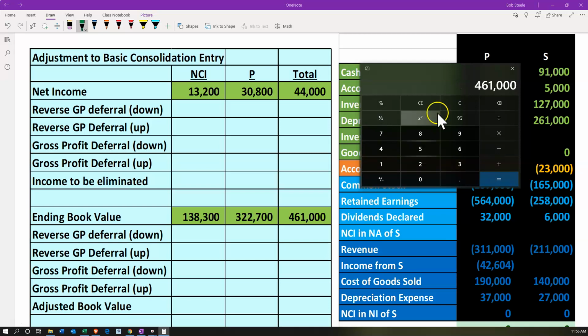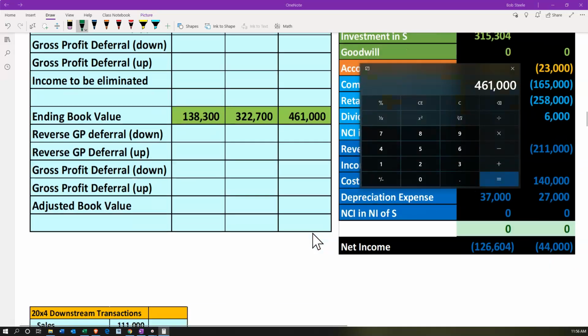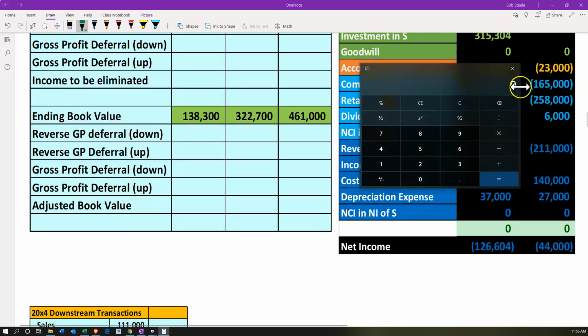That would give us the 461. That's our starting point, which also, of course, equals equity, which we can calculate down here, all the blue ones: 165,000 plus the 258,000 minus the 6,000 plus the 211,000 minus the 140,000 minus the 27,000. That's going to give us the 261 as well.